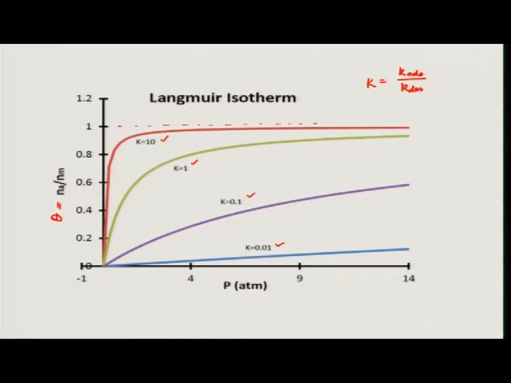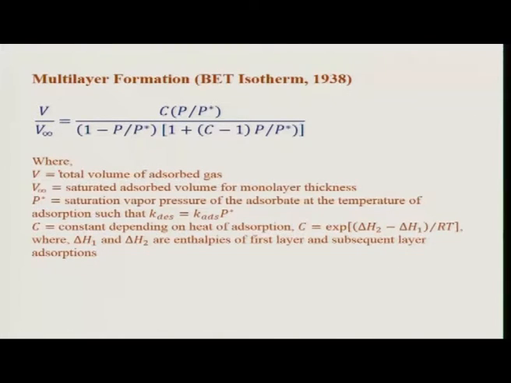So, this is how the Langmuir isotherm works. But since we are not forming only a monolayer, and monolayer formation is just the beginning of the thin film deposition process, we will be forming multilayers. So, there is another isotherm called the BET isotherm, and BET stands for the initials of three scientists, Brunauer, Emmett and Teller, who gave this isotherm.